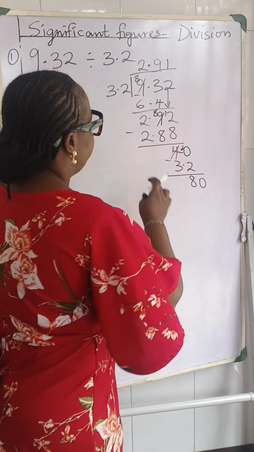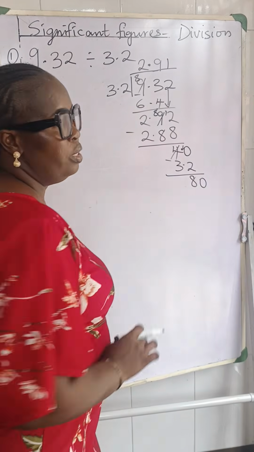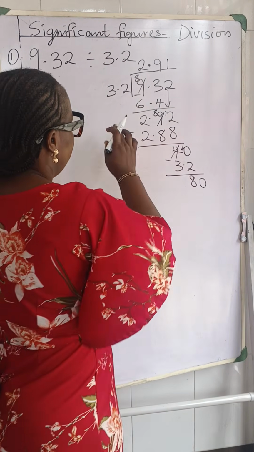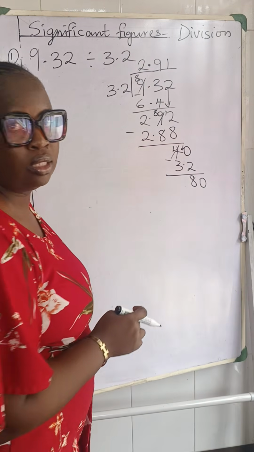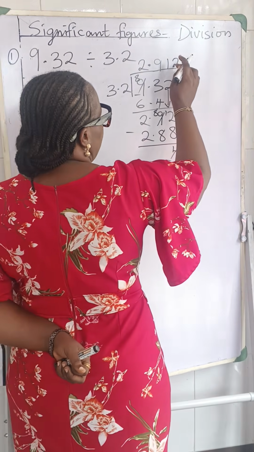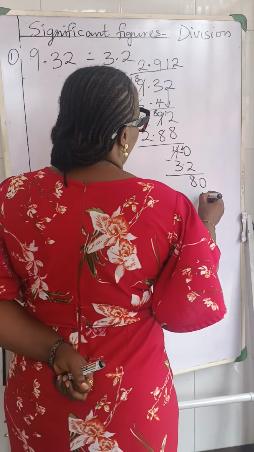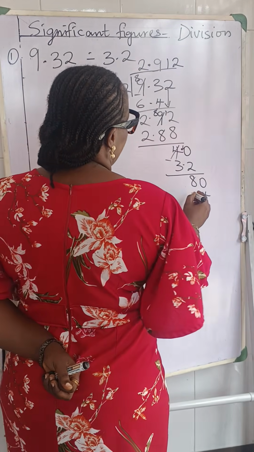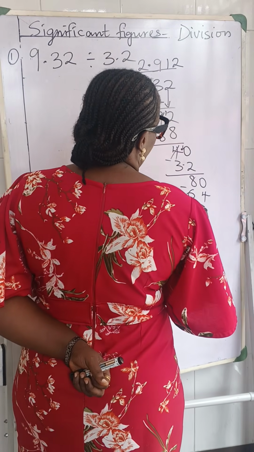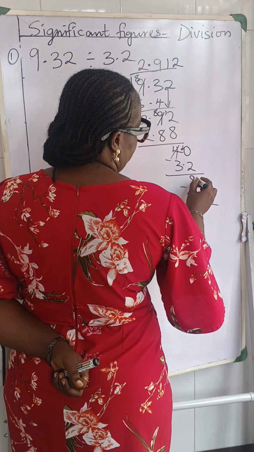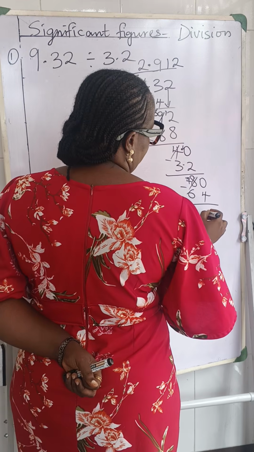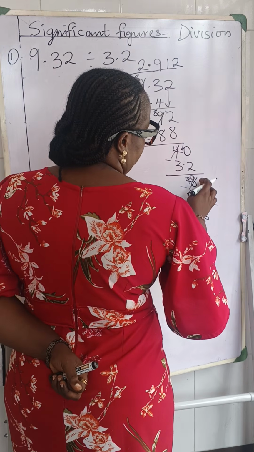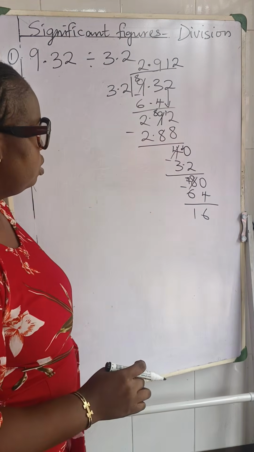3.2, or 32, or 8.0, however you want to put it, going into here should be like twice, right? 2 times 2 is 4, and 2 times 3 is 6. Take away. You have 0, take away 4 can't go. Borrowing 1, this is 7 here, and 10 take away 4 is 6.